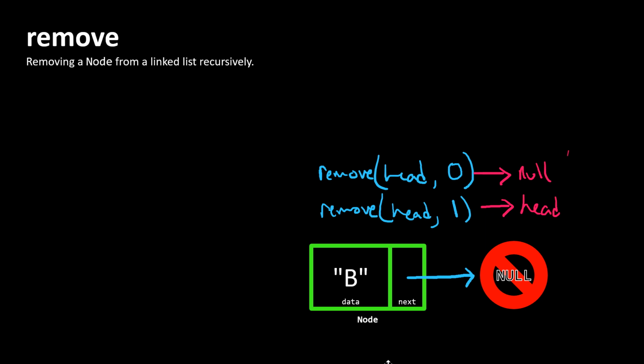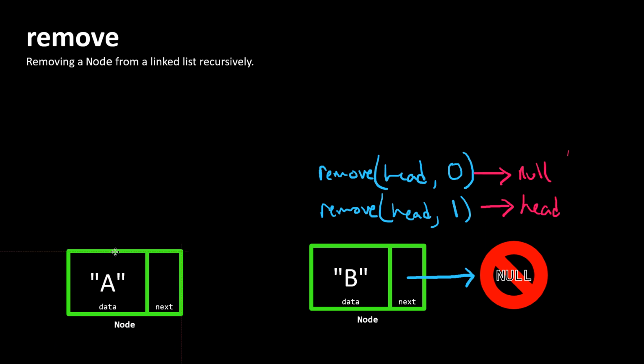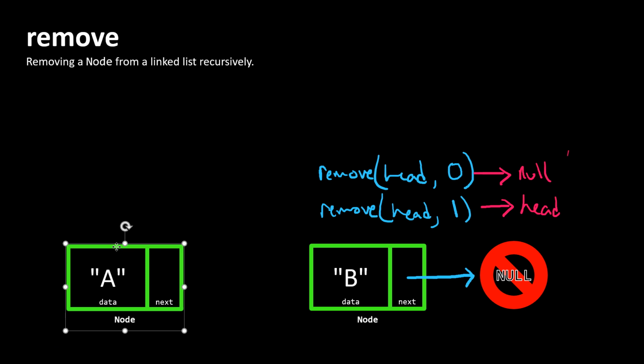The intuition I want to talk through quickly before we look at the recursive case here is when you call remove, what you're getting back is the head of the list that you gave originally, but with the element at index 0 or 1 or whatever index you provided removed from it. So let's imagine a slightly more intricate list here where we've got 2 nodes.